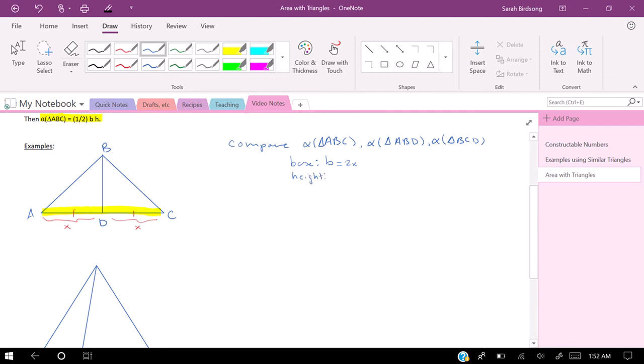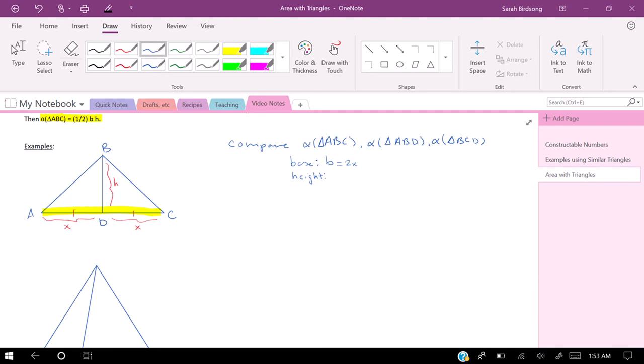Now, since we didn't actually form the height, well, actually we can. The height here is simply going to be an altitude. And in this particular case, because this triangle turned out to be isosceles originally, I'm just going to say, hey, you know what, BD turned out to be an altitude, and I'm just going to call the length of BD H.